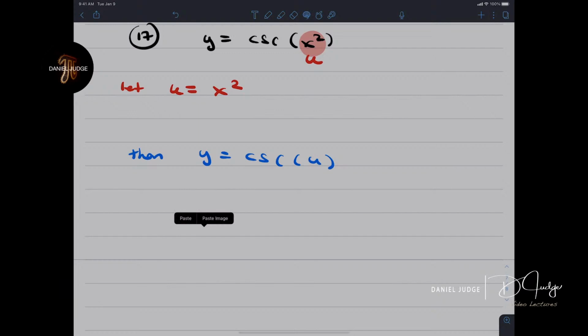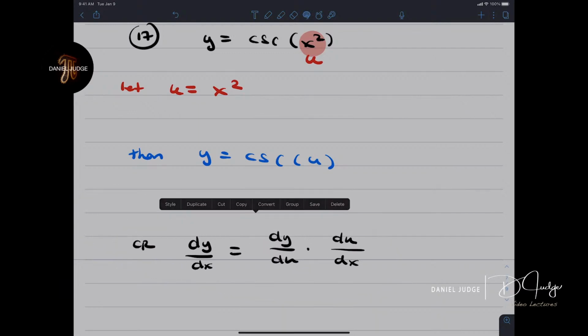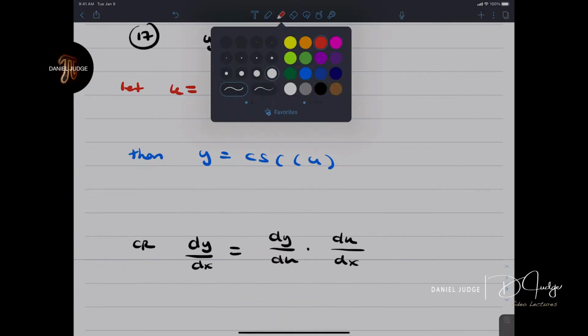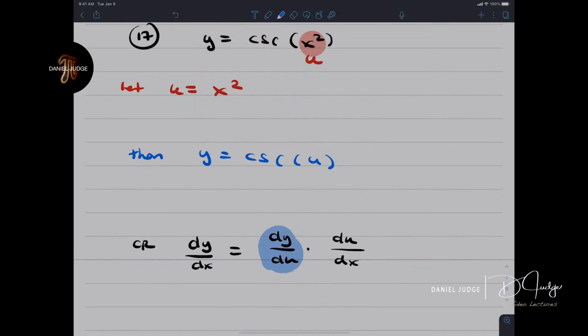So by chain rule now, we have to differentiate what's in blue times what's in red. So dy du is d du of cosecant.